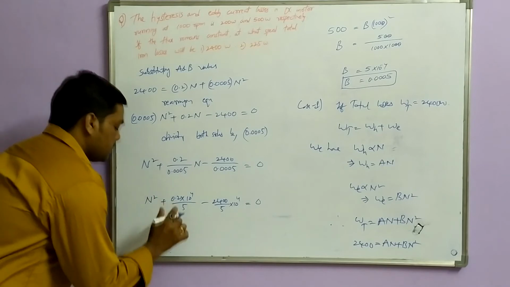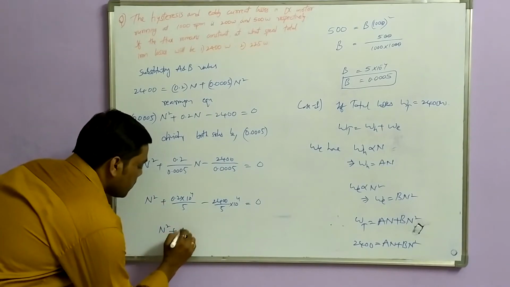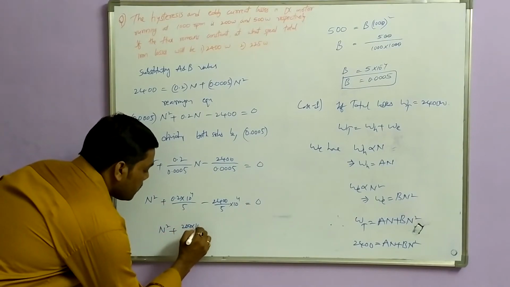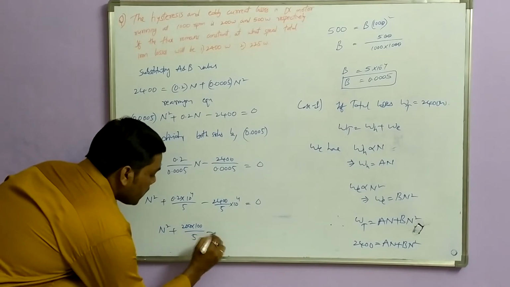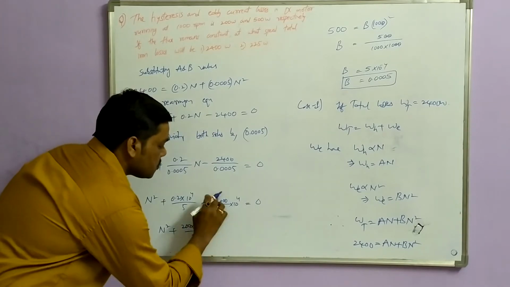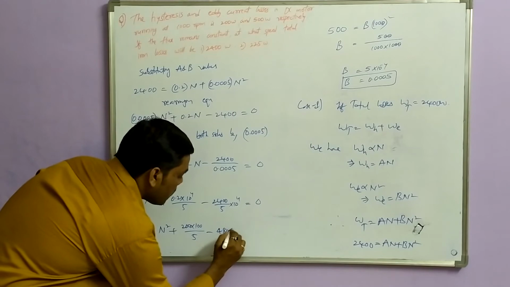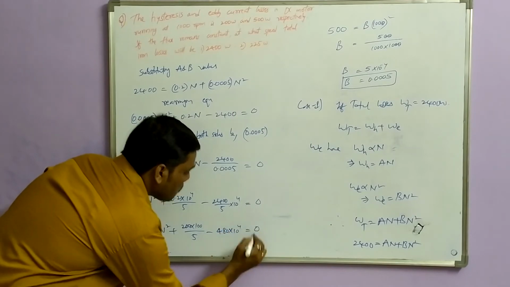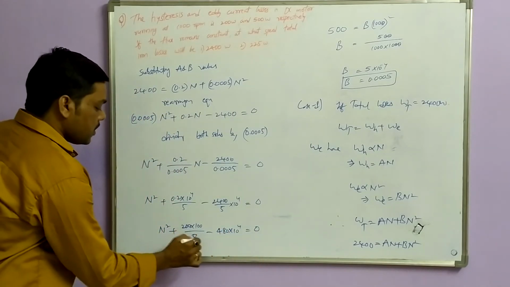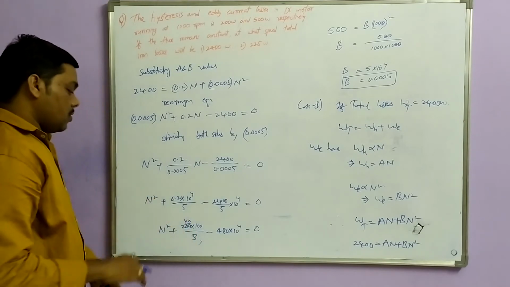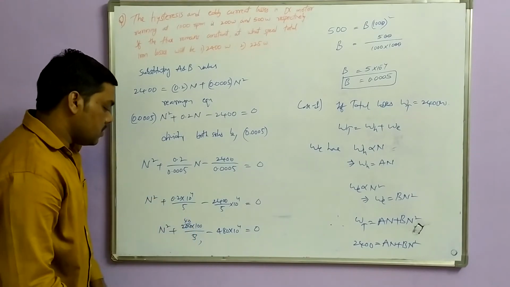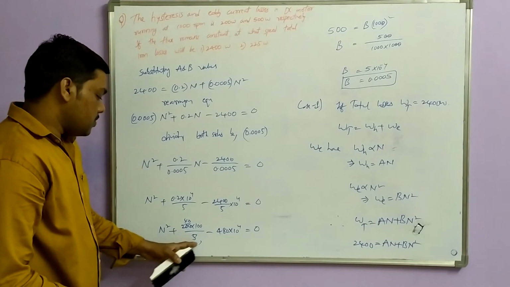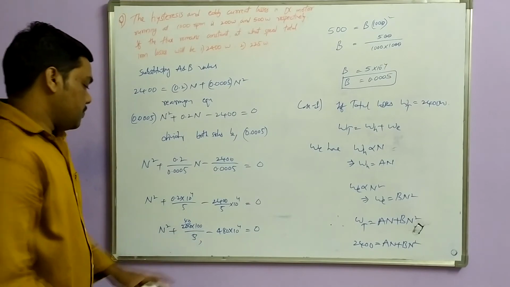So N square plus 200 into 100 by 5 into N minus this term, which will be 480 into 10 power 4, equal to 0. Now, how much are you going to get here?